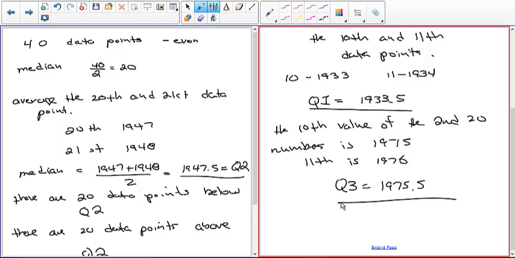So the five things you need to do a box plot are the minimum, the maximum, and the three quartiles. To find the minimum and maximum, that's easy because we have already ordered the data.